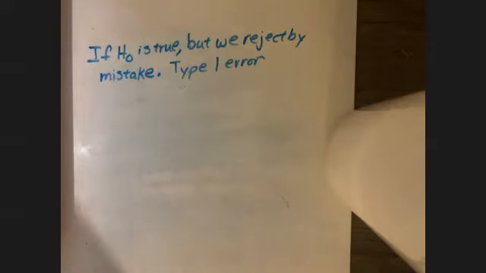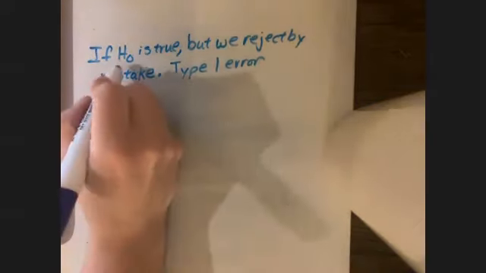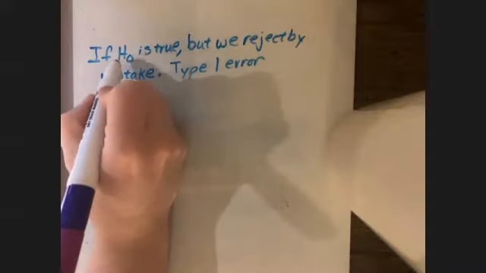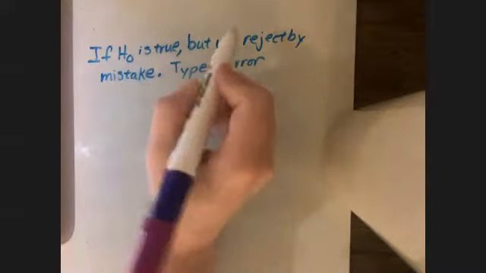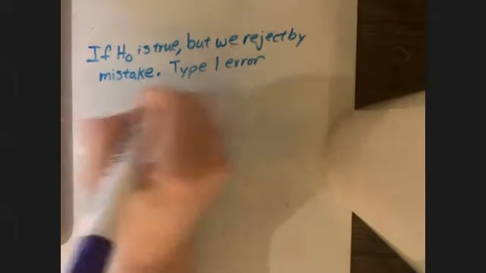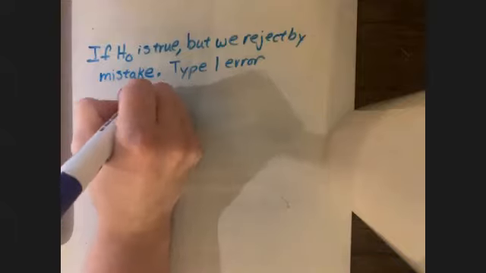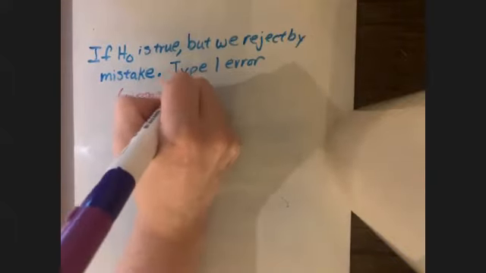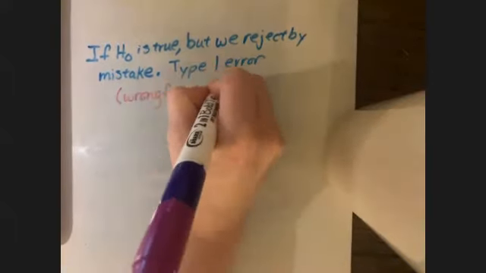Now in terms of a court case, remember H naught is not guilty. So if the person is not guilty, but we reject that and find them guilty by mistake, we made a type 1 error. This is your wrongful conviction.